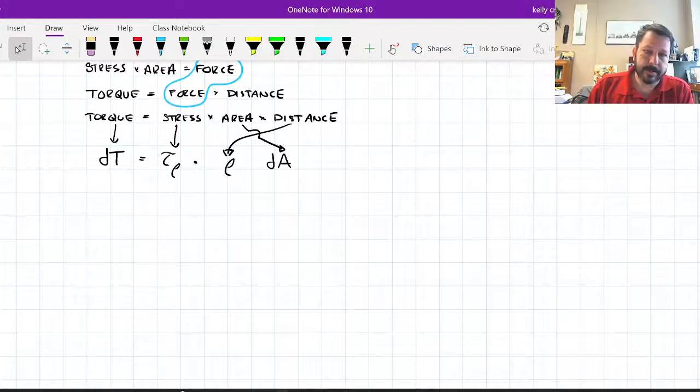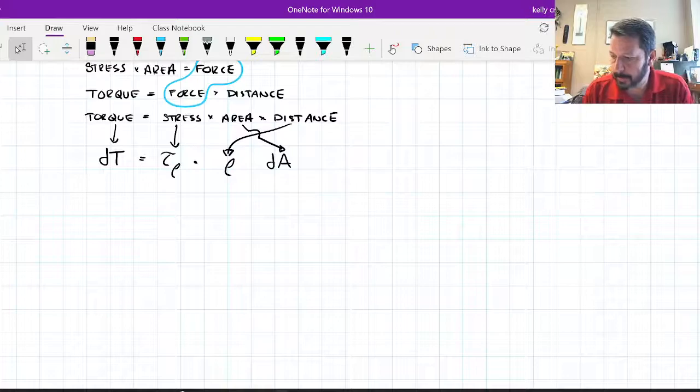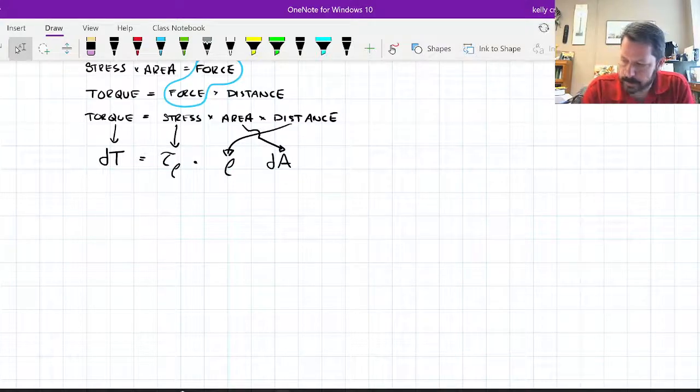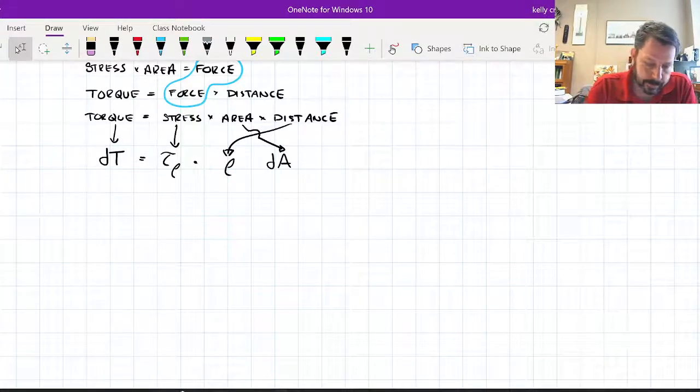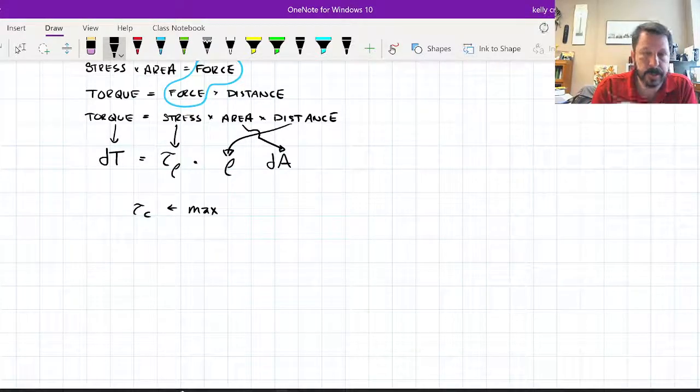Or I could use that same definition to calculate the stress on that slice of the cylinder. One other thing I want to do, though: a lot of times I want to know the maximum stress. Tau at C, the maximum stress, is at the surface where the radius is C.